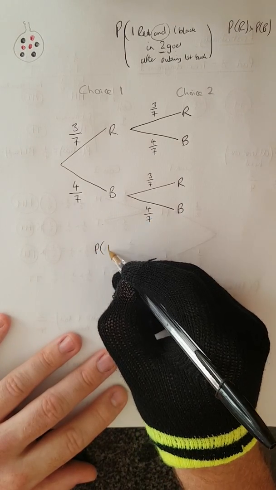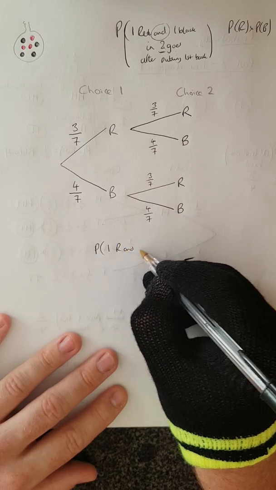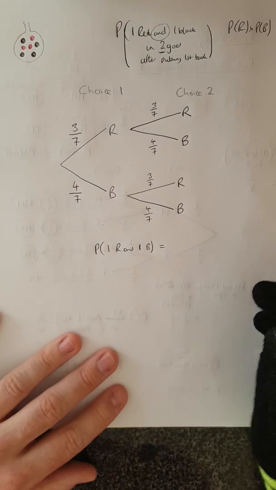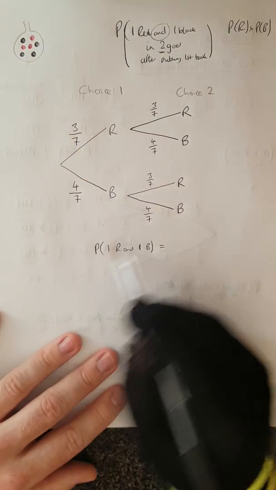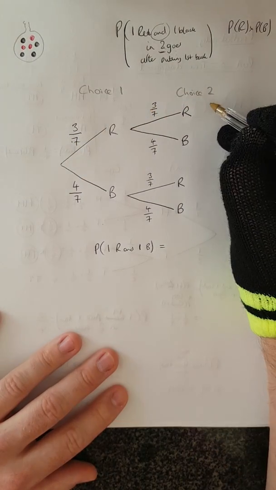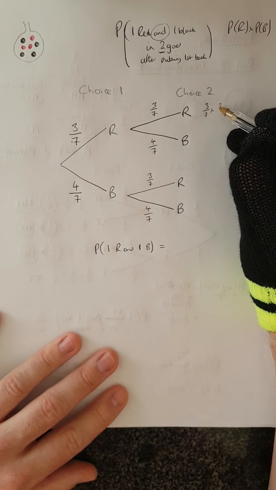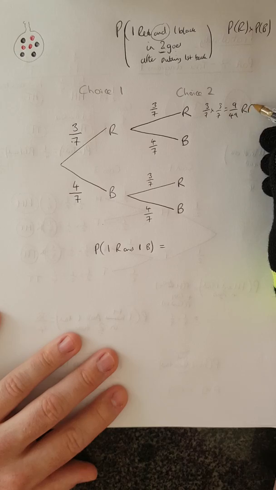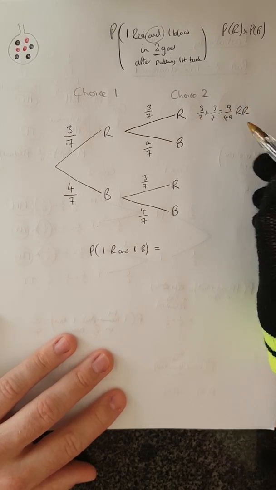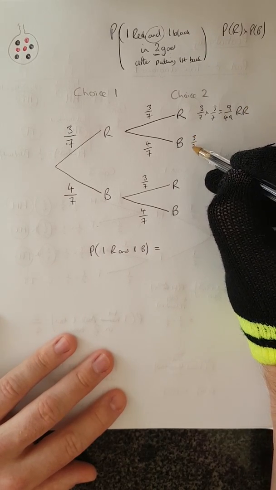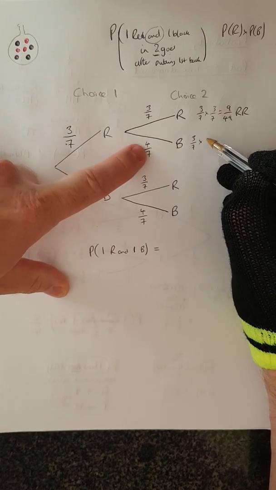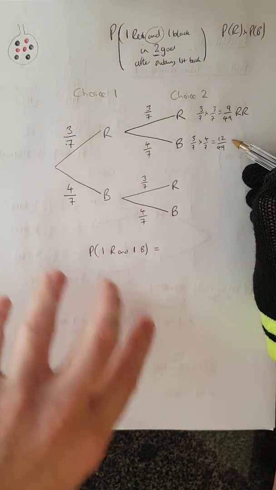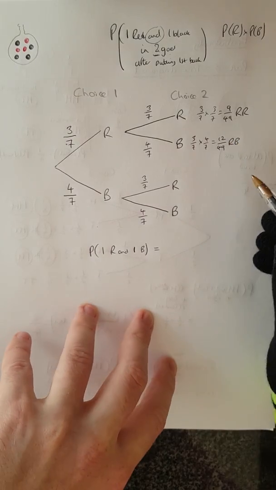So the probability of 1 red and 1 black is, well, let's work out each branch first. That times that gives me 9/49 for red, red. 3/7 here times by 4/7 gives me 12/49 for red, black.